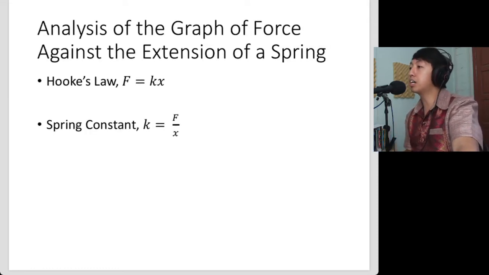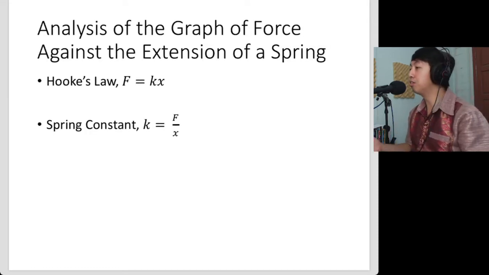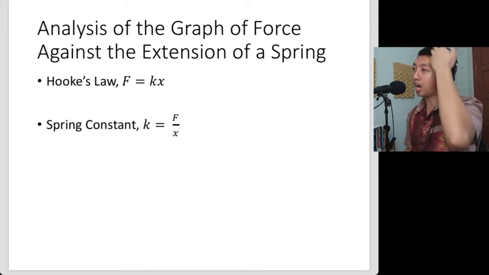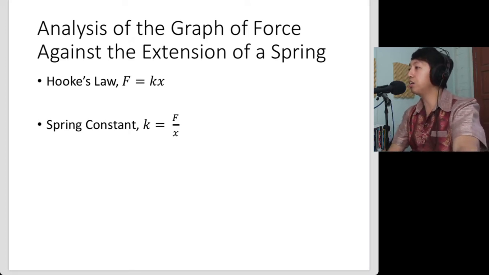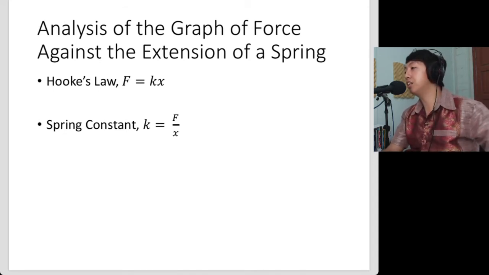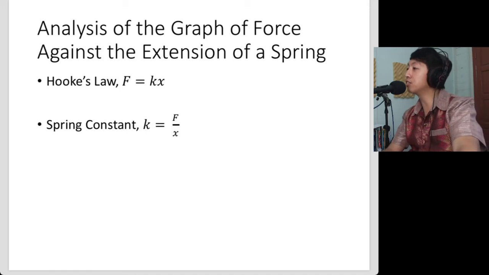So if we were to make a graph using Hooke's law, where normally our horizontal axis is x, standing for extension, and our vertical or y-axis is F or force, then if we were to calculate the spring constant just by rearranging the formula, k would equal F over x, force divided by the total extension.